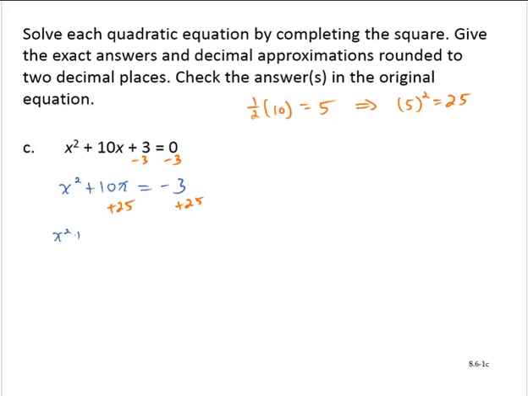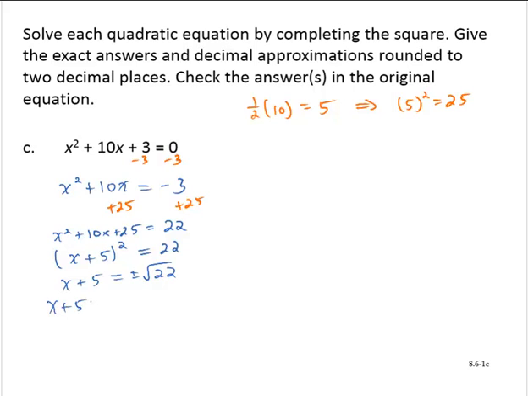So x squared plus 10x plus 25 is 22. X squared plus 10x plus 25 is x plus 5 squared. Applying the square root property, x plus 5 is plus or minus the square root of 22. Square root of 22 can't be simplified, so then we just break this up into two equations.